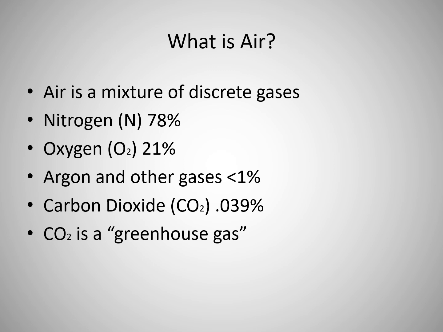Oxygen, O2, atmospheric oxygen, is important, but that's only 21% of the air we breathe. And then the other less than 1% is made up of argon and all other gases. Now, carbon dioxide. So we think of carbon dioxide as a fixed gas, but that's really only in the very short run.